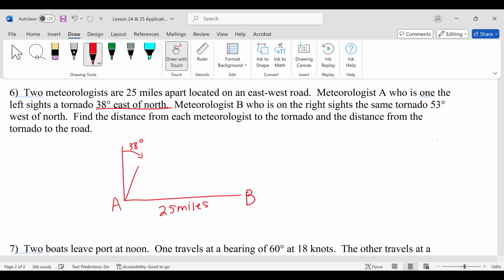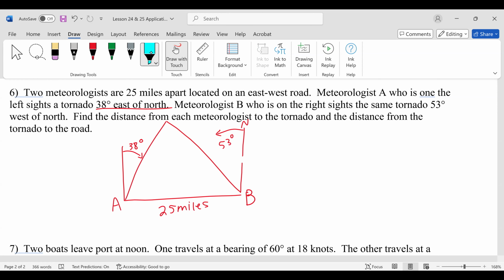So it would look something like that. Meteorologist B, who is on the right, sights the same tornado 53 degrees west of north. So if this is north, he's going west this direction, 53 degrees. So this angle is 53 degrees.